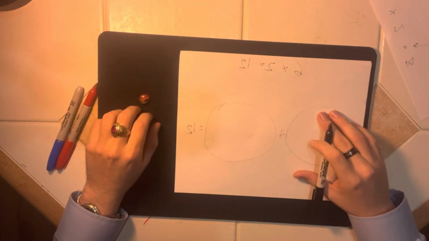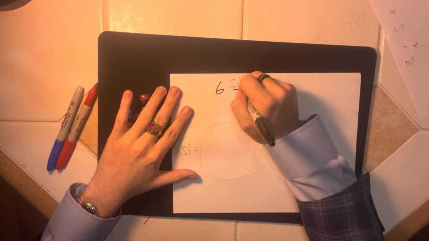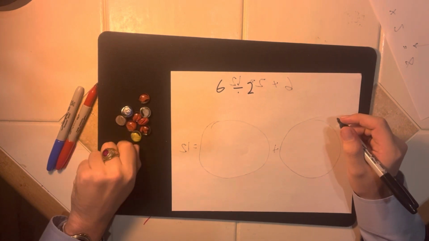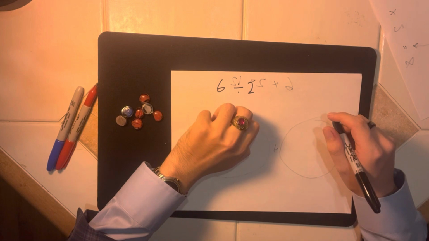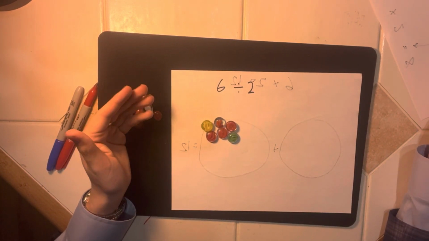Finally, let's look at division. The big bad one, the evil one. So when we see 6 divided by 2, we're taking that group of 6. 1, 2, 3, 4, 5, 6. And we're doing the opposite of multiplication.